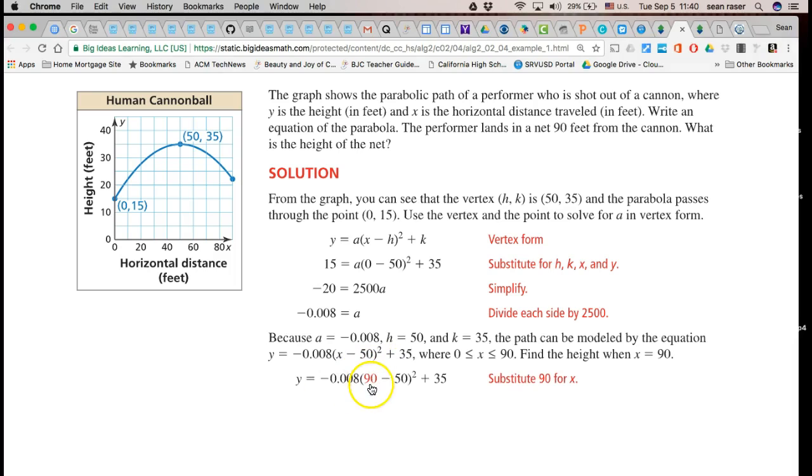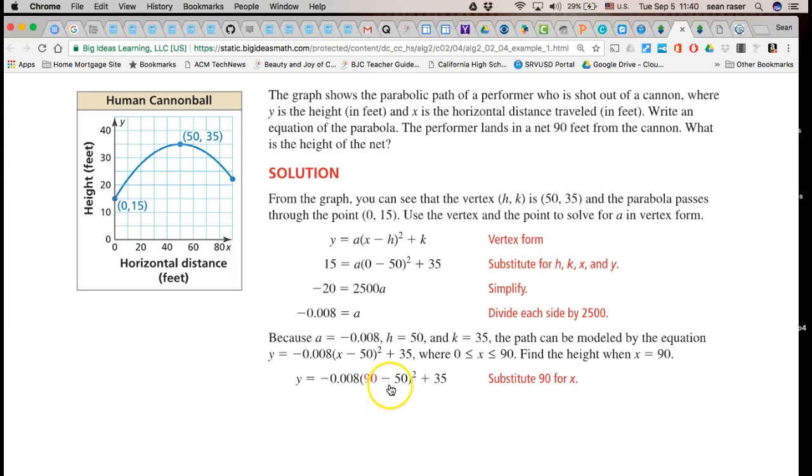If we plug in 90 for x, now we just simplify. 90 minus 50 is 40, so we take 40 squared. Remember, order of operations with PEMDAS: you do parentheses first, so 90 minus 50, which is 40.